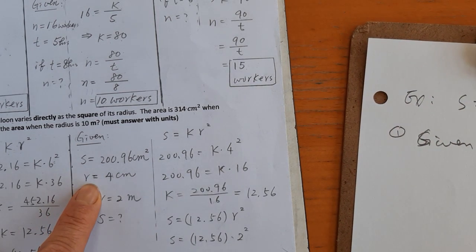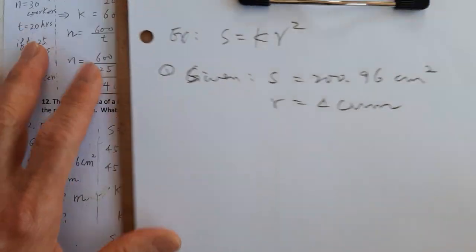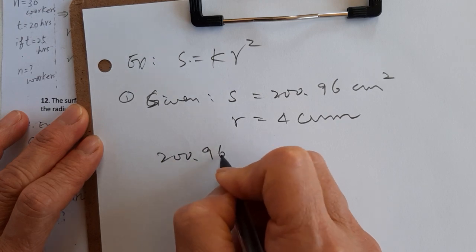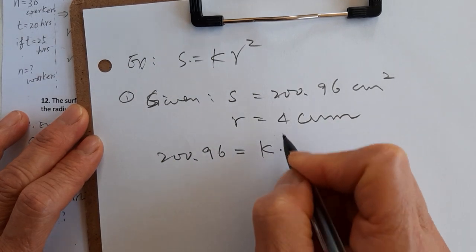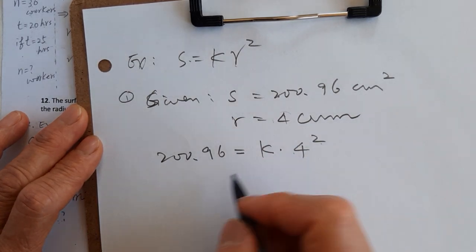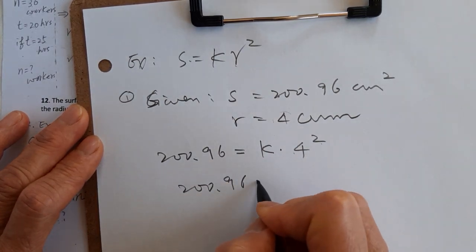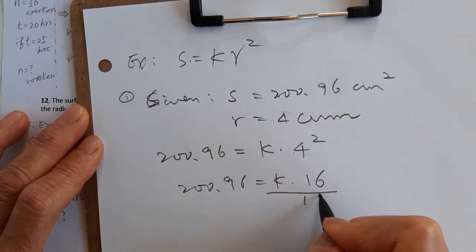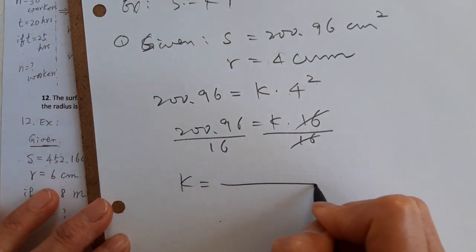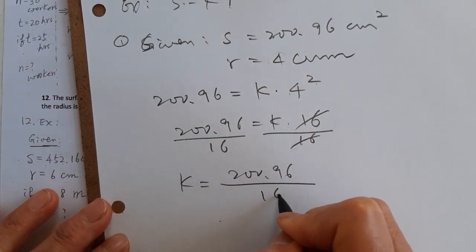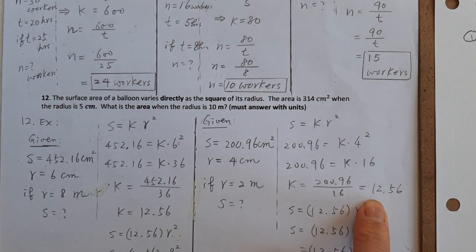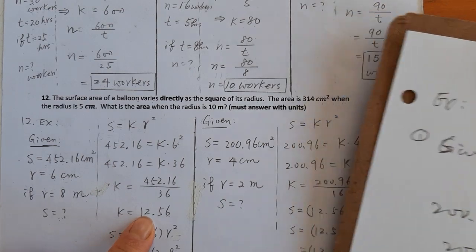So you plug in: S is 200.96 equals K times R squared, R is 4, so it's 16. 200.96 equals K times 16. Divide both sides by 16. So K equals 200.96 divided by 16. Then you divide and you get K is also 12.56. It's the same as the previous one. It should be the same.